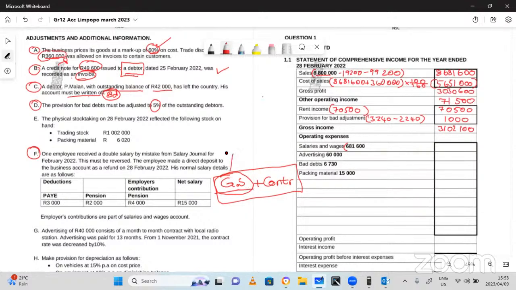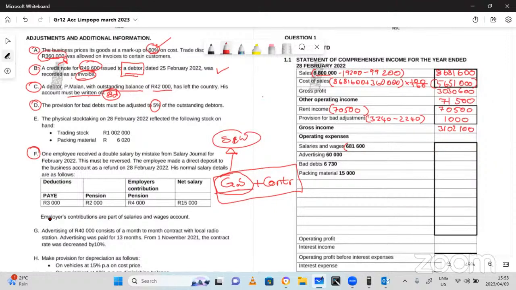So gross salary, in other words, is the salary and wages of the employee. It will depend on the sovereignty of the business. Remember, each business has its sovereignty. Each business decides whether we add the gross salary and the contribution in one account, or do we separate them? Do we add them both as our salaries and wages, or do we separate them?